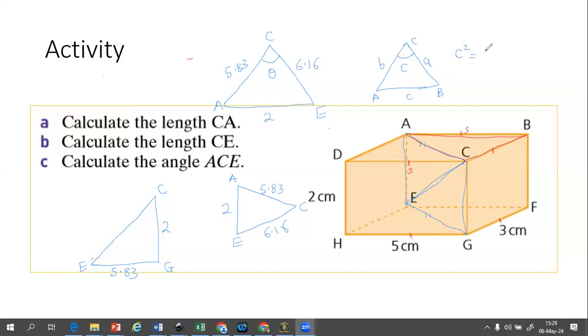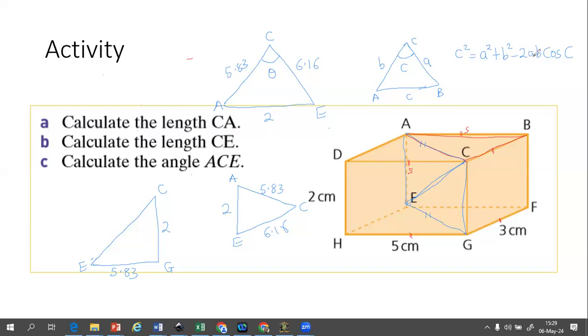C squared will equal to A squared plus B squared minus 2AB cos of C. Cosine rule.